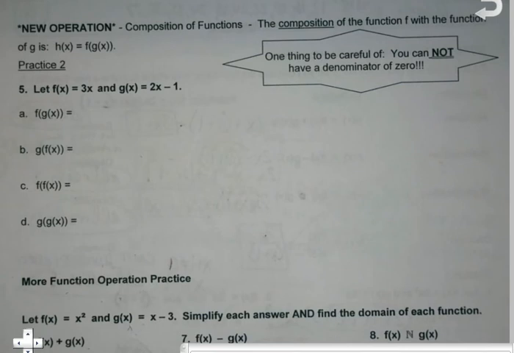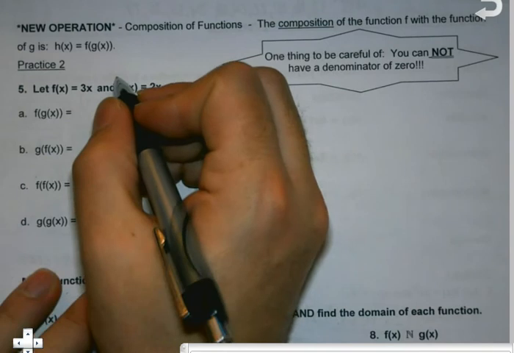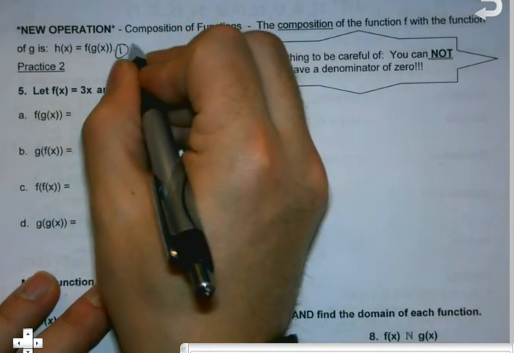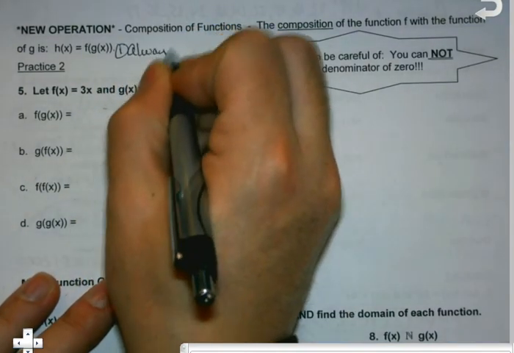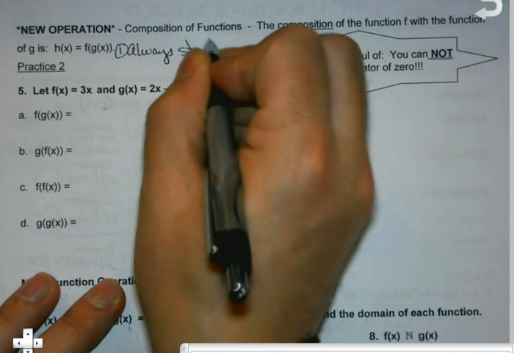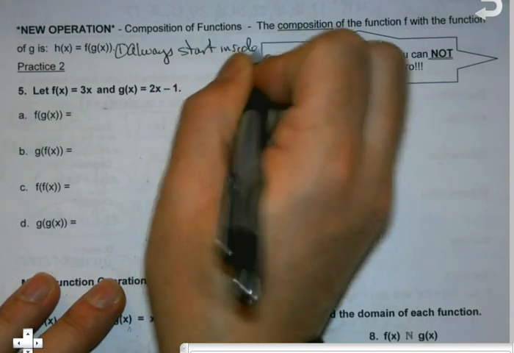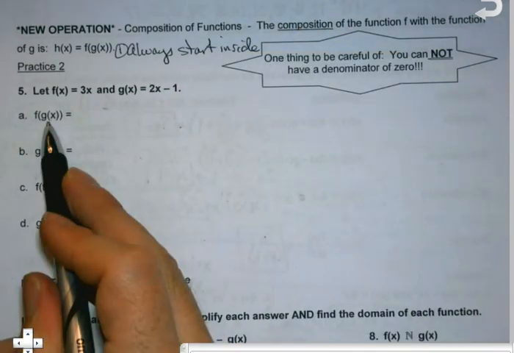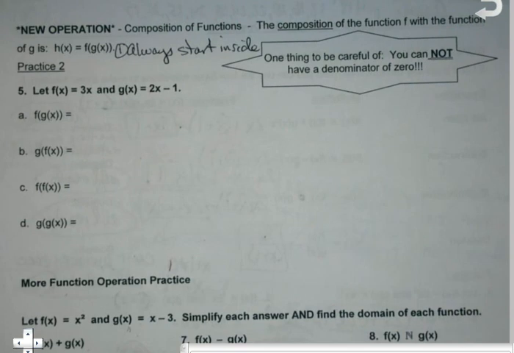So, here's how this works. We're going to do a little bit of double substituting. So, for instance, we always, kind of move this down a little, we're always going to start on the inside. In other words, here we're going to start with the g of x on letter A.